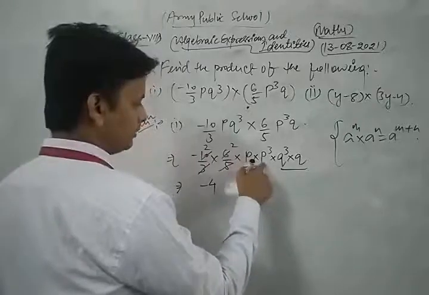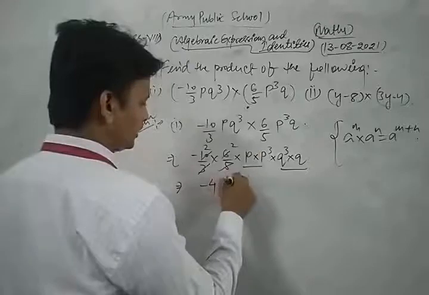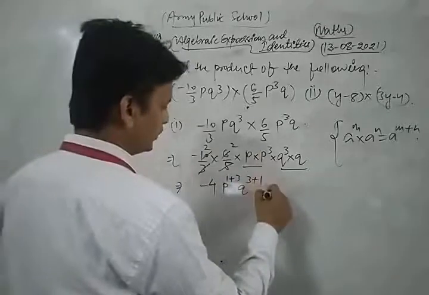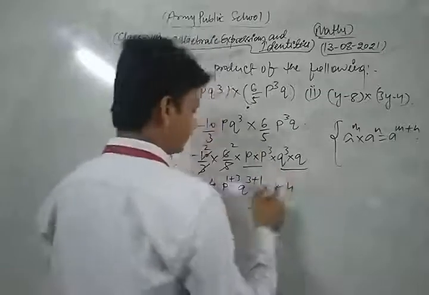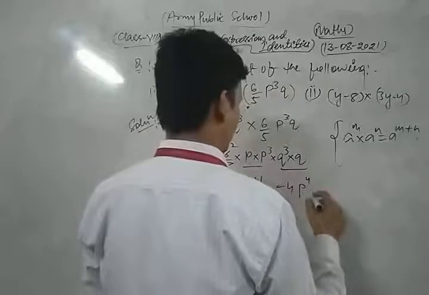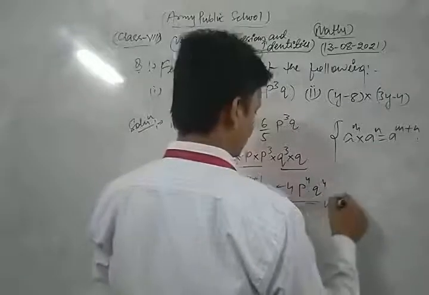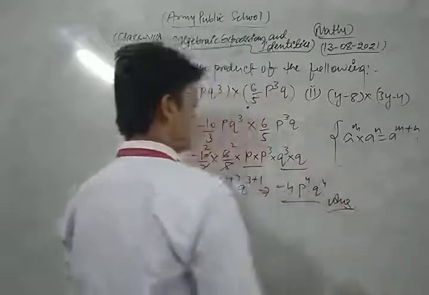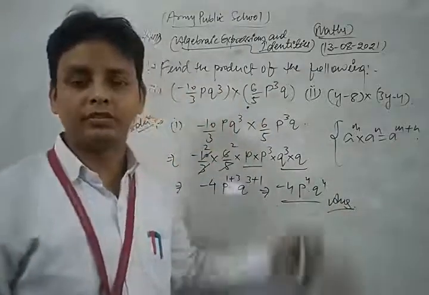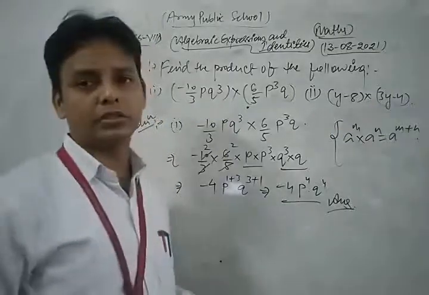Now if the bases are the same, then the powers are added, so this is p to the power 1 plus 3, and here q to the power 3 plus 1, so we get minus 4 p to the power 4 into q to the power 4. Okay, so this is the required solution of the given question. This is the required product of the given algebraic expression. In this way you can solve each and every question based on these topics.